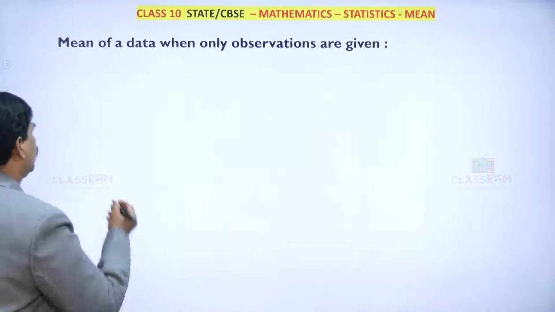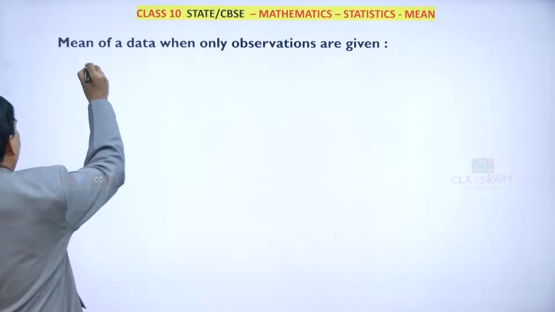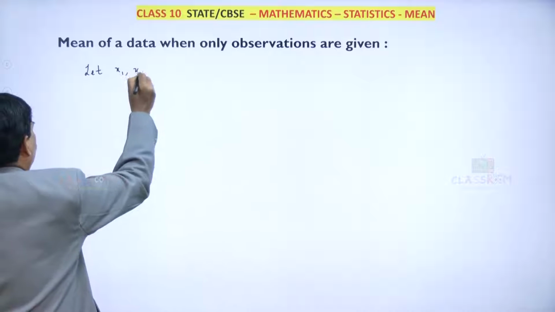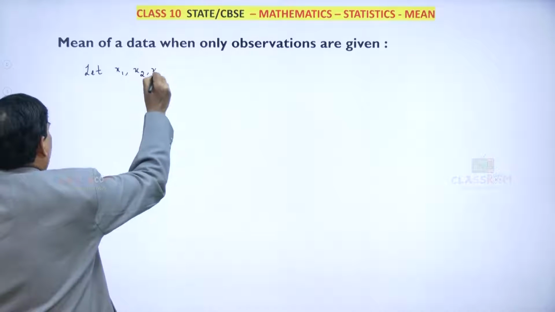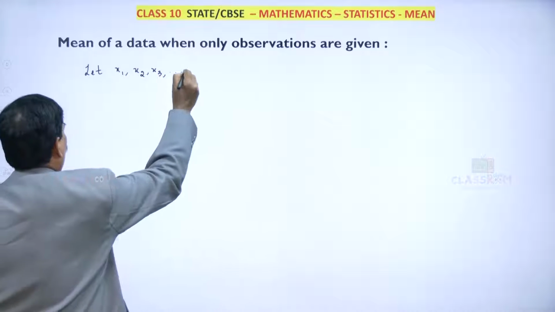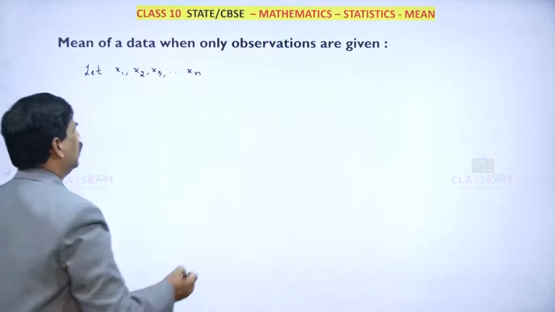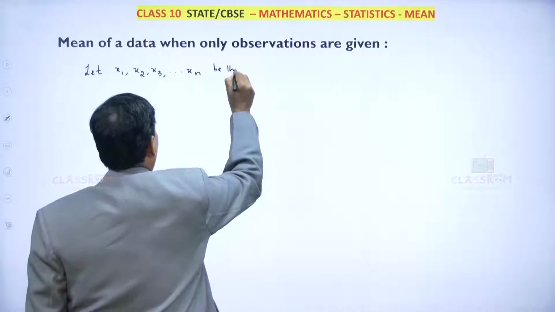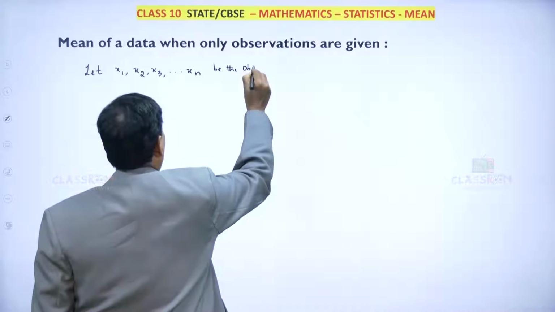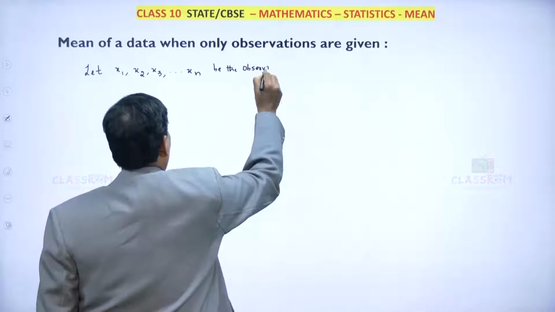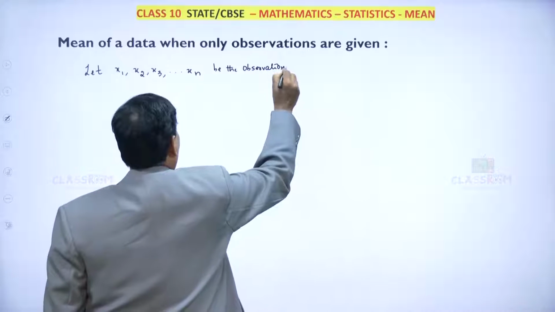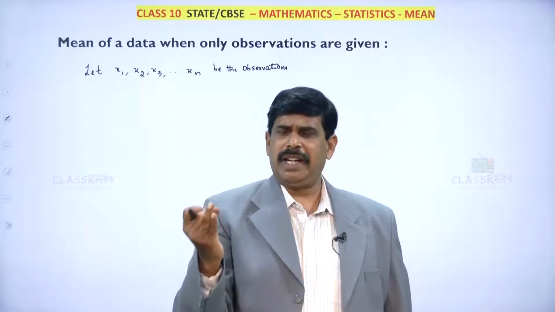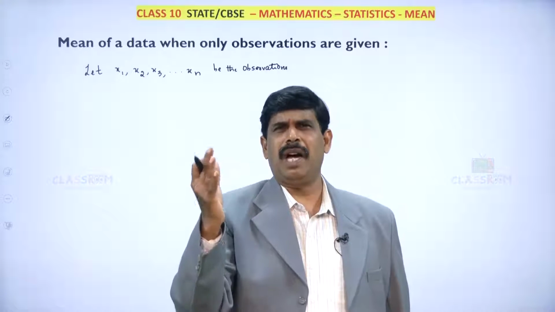Suppose x1, x2, x3, so on, xn be the observations. Children, you can say observations, you can say entries, you can say values.